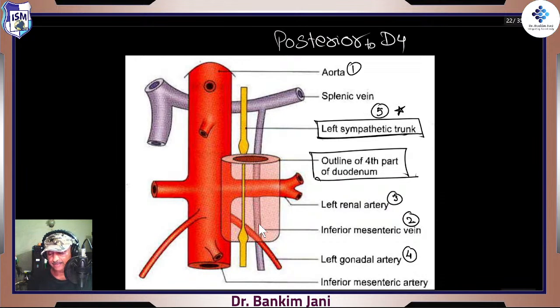Don't miss this left sympathetic trunk, because this sympathetic trunk will be a major thing to understand when we'll be talking about all those plexuses, right? And this left gonadal artery, yes, is testicular in case of male, and it would be ovarian in case of females, right? So these are the structures for the posterior part.